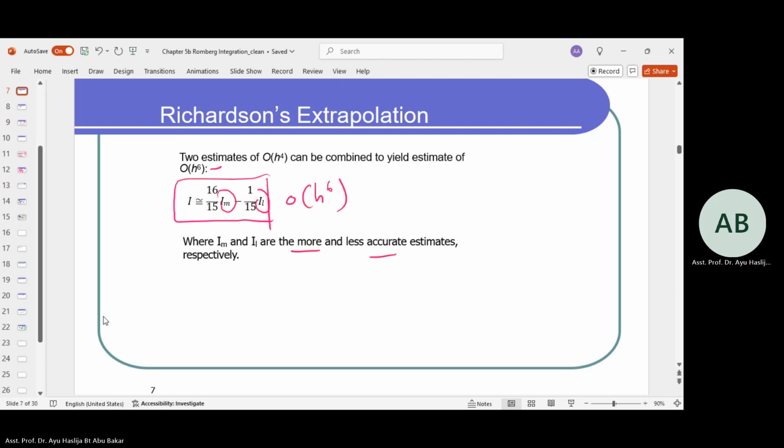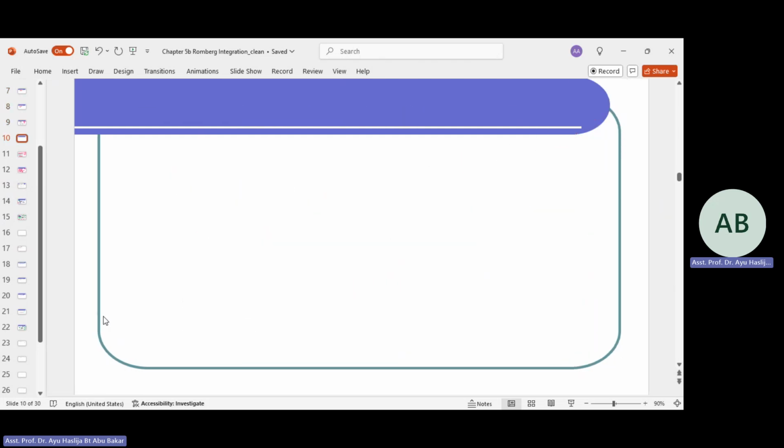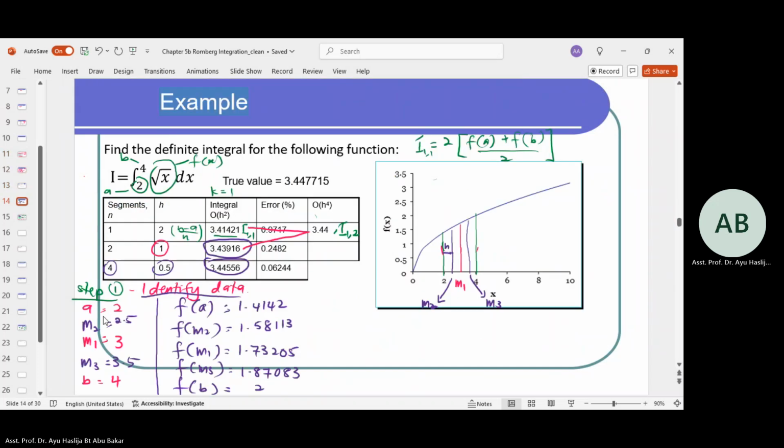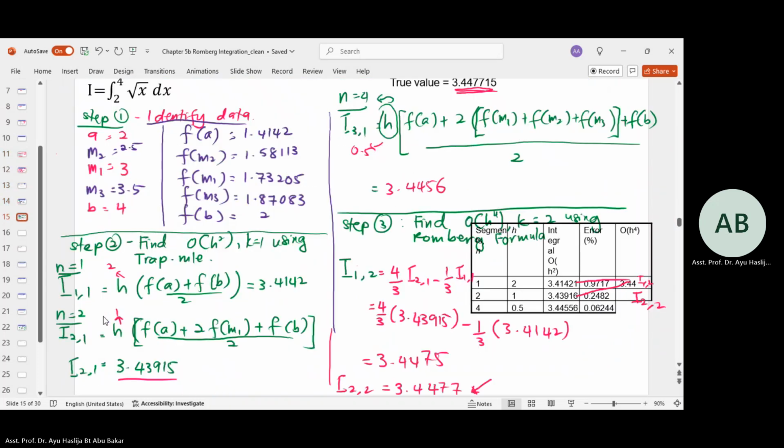Any questions so far? Yes, 4/3. For I22, because it is still in level 2, O(H⁴), we use the same equation.